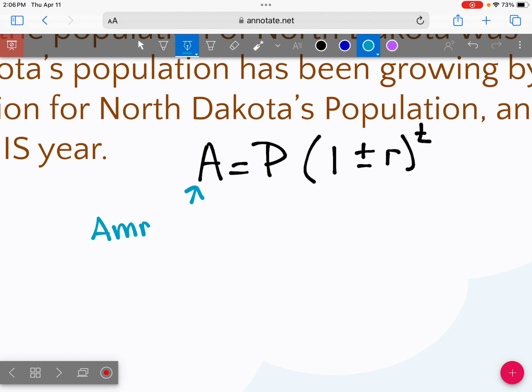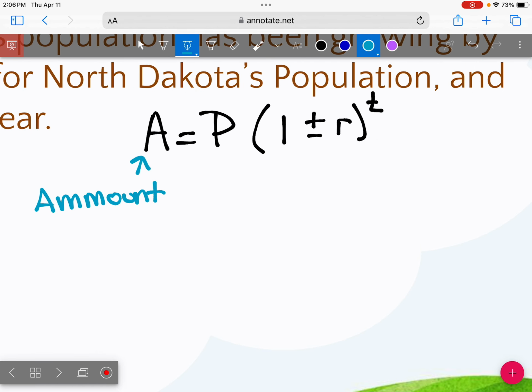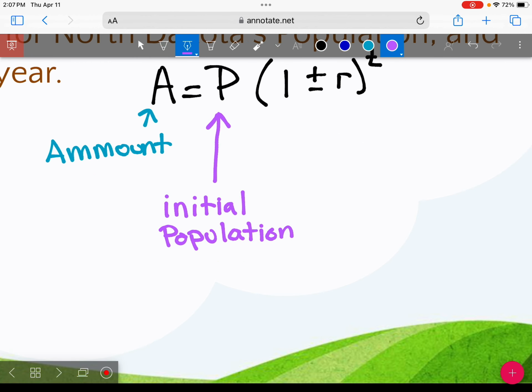This is the amount we're looking for, or the new total. I'm pretty sure I just spelled amount wrong, but you get the vibe. I think there's only one m. This P is our initial population. When we're looking at money, it can also be called the principal. And that just means our starting amount.